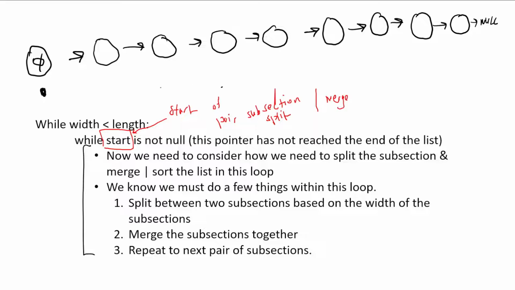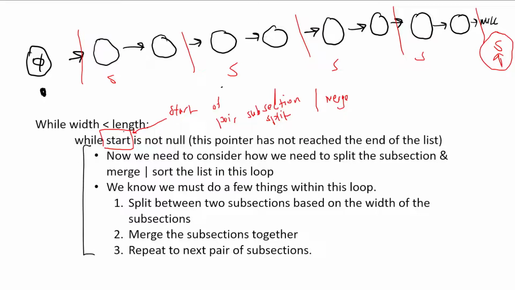So as this start pointer goes through these pairs of subsections, eventually it will reach the end where it will be null. That will indicate to repeat and go back to the very beginning and increase the width of the subsections.